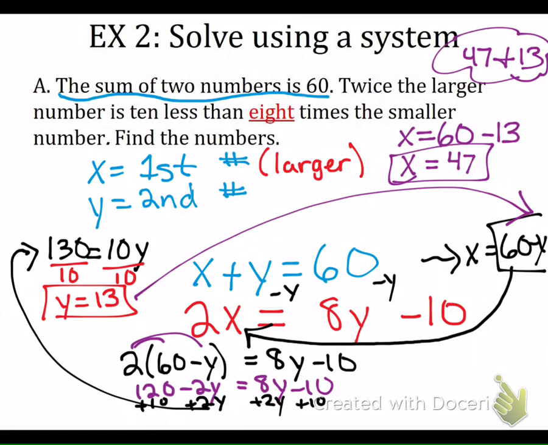Okay. Is 10 less than 8 times the smaller. So I'm going to do 8 times 13, and then I'm going to subtract 10. I got 94. So does this check out? It does. All right. So even when they're word problems, you can still plug them back in to check.